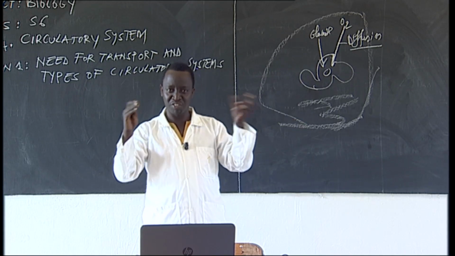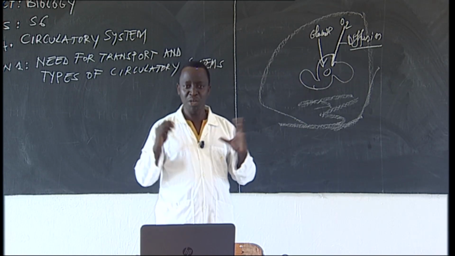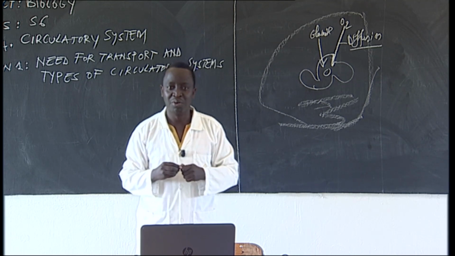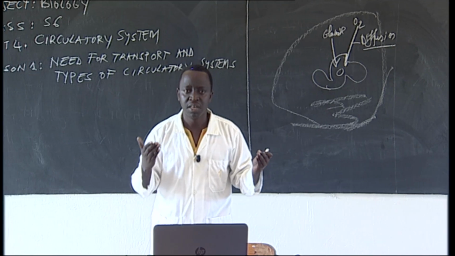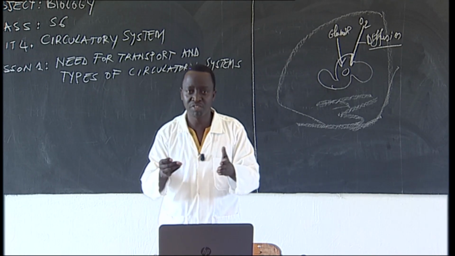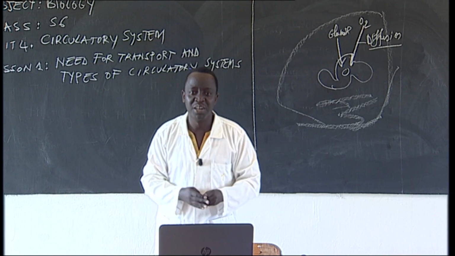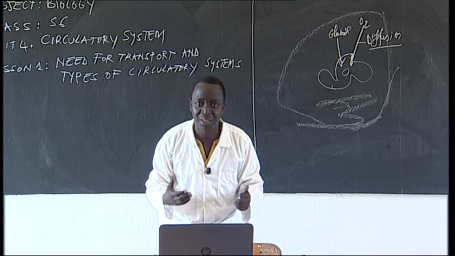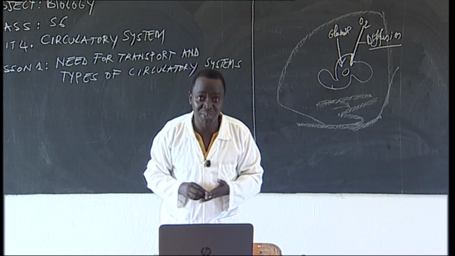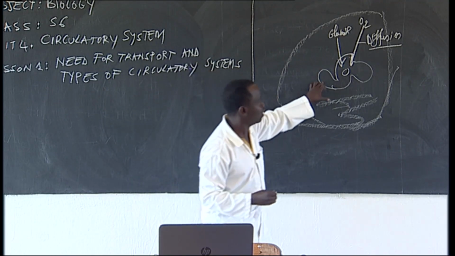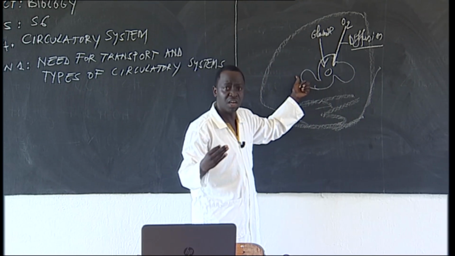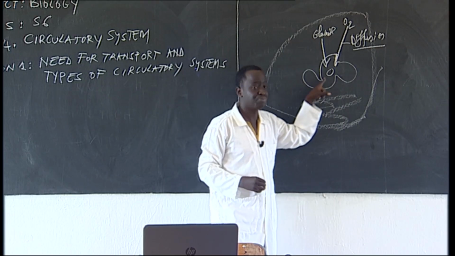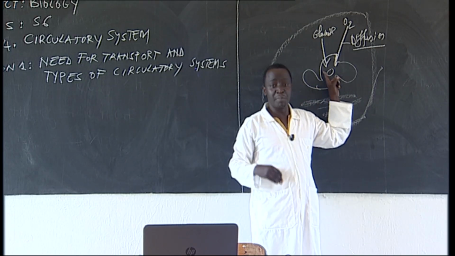Who can define diffusion again? Who can try? Yes, you try. Oh, you are right. Diffusion is movement of substances from where there is higher concentration to where there is lower concentration. Yeah, that is what you call diffusion. So now, for this organism, amoeba, bacteria, those food materials have to move across the cell membrane into the what? Into the body by a process called diffusion.